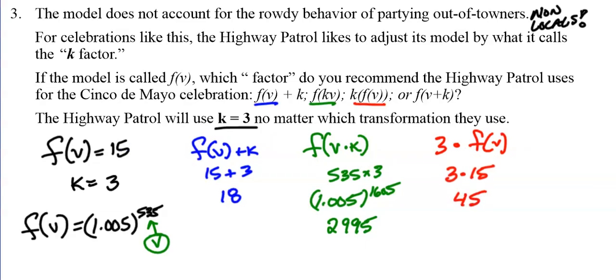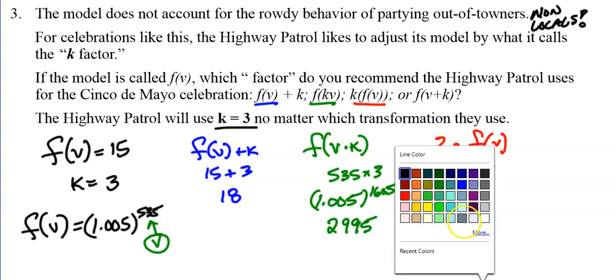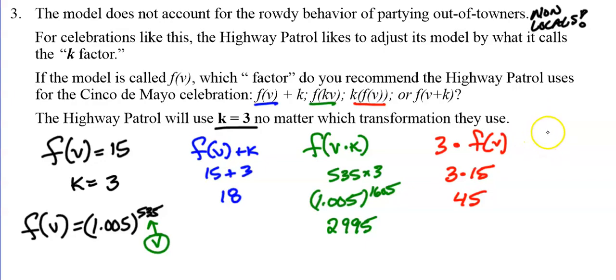And then finally, the function of v plus K, which is going to be 535 plus 3, which is 538.